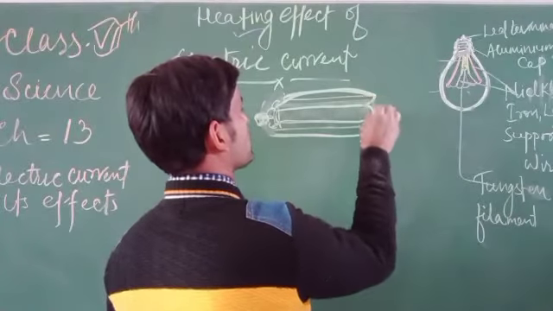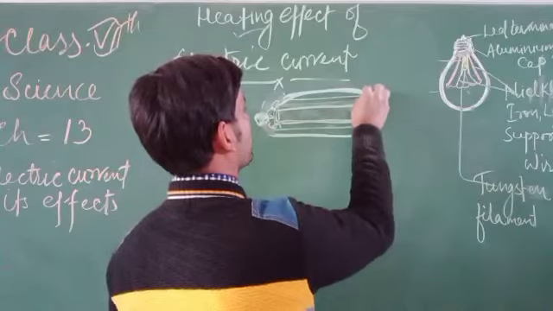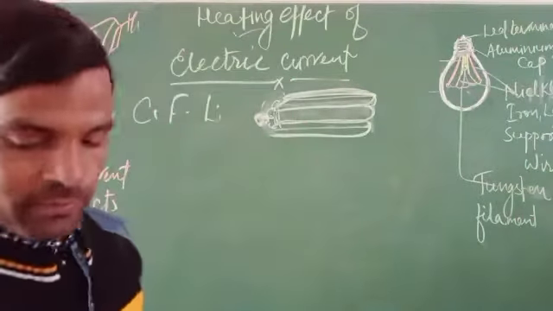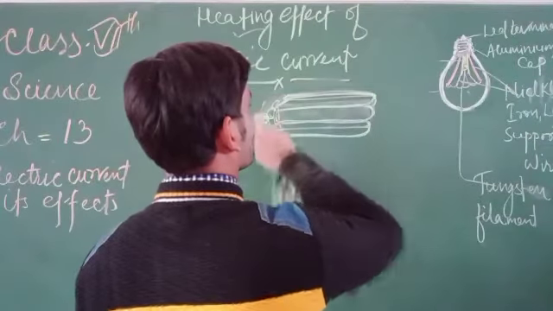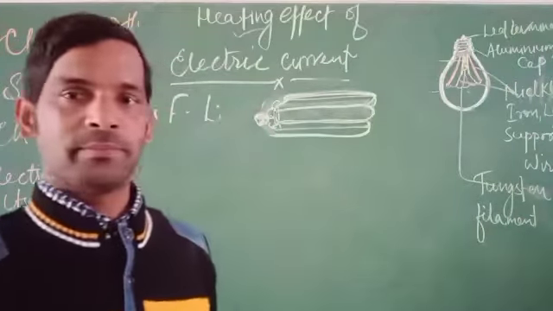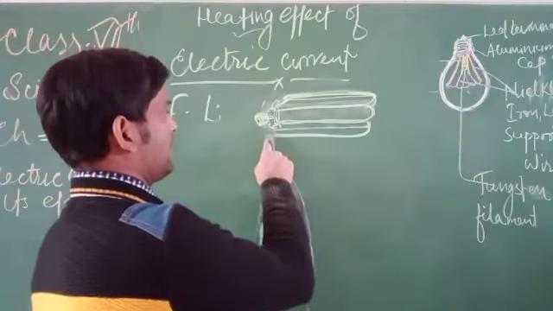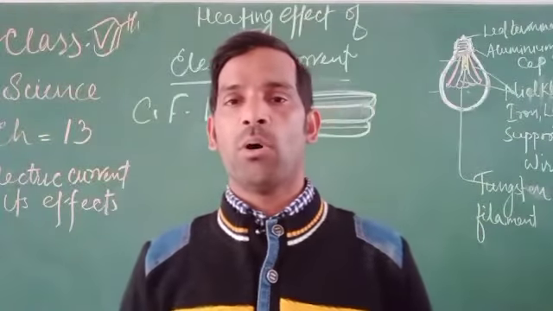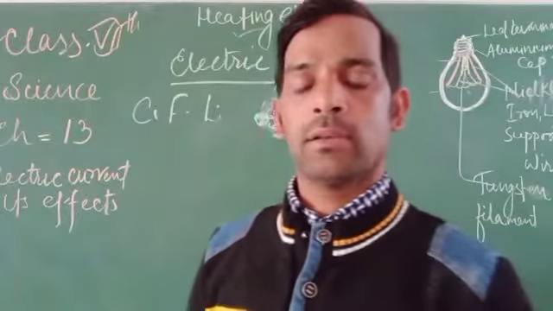The fluorescent material gets filled in, and this helps in the glowing of the bulb. So how does this work? What is the basis of this? It works on the basis of the heating effect of an electric current.